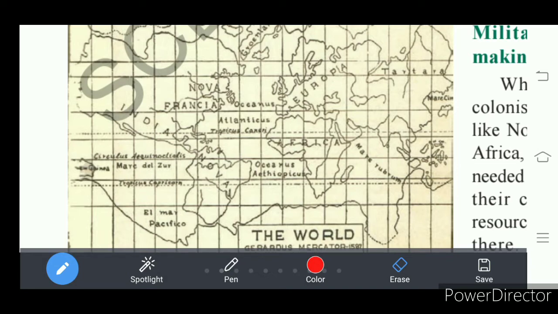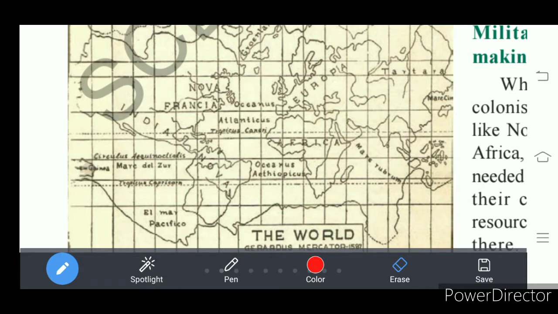Continents and countries are all much larger than a piece of paper, right? But we are able to show the world, which is very large, on a single piece of paper. So how is it possible?